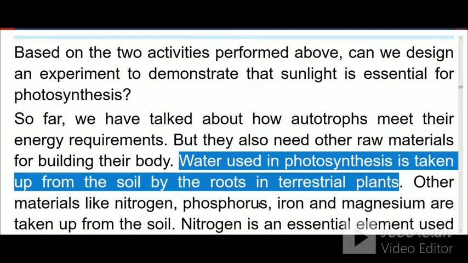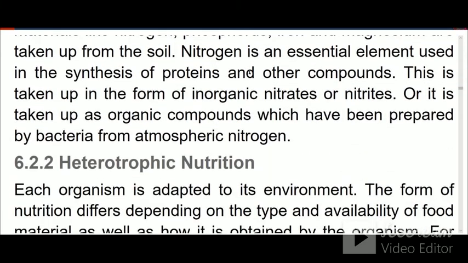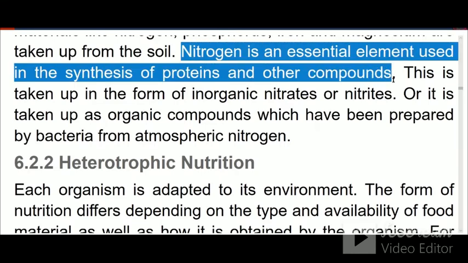Other materials, nitrogen, phosphorus, iron and magnesium, are taken up from the soil. Nitrogen is an essential element used in the synthesis of protein and other compounds. So just like we need carbohydrate, plants need nitrogen as a main component for making their food or for consuming energy. This is taken up in the form of inorganic nitrates.